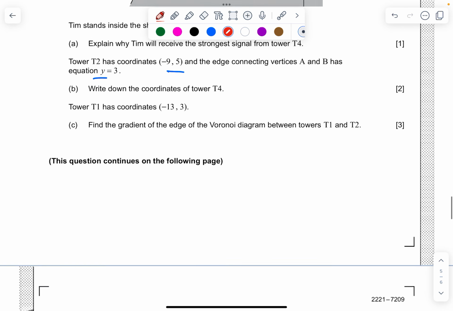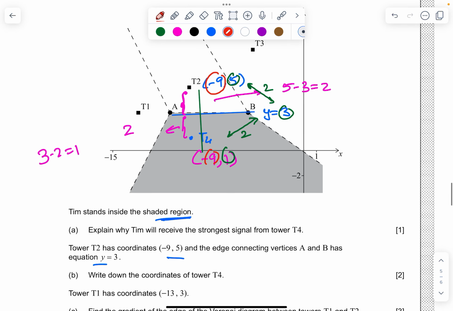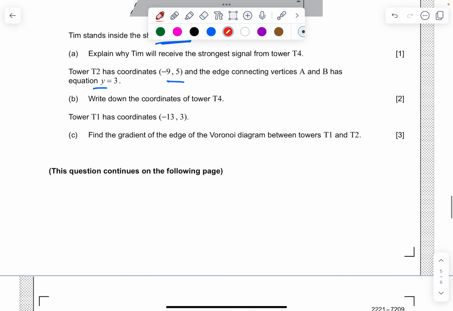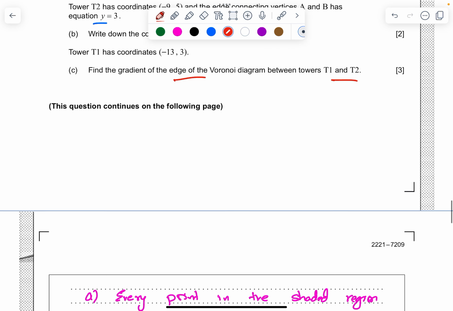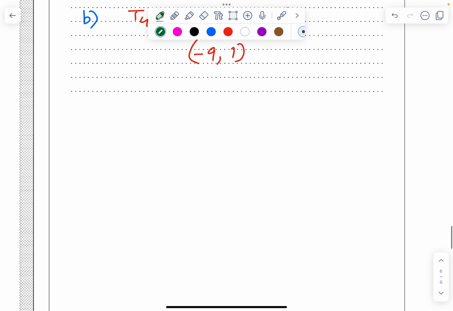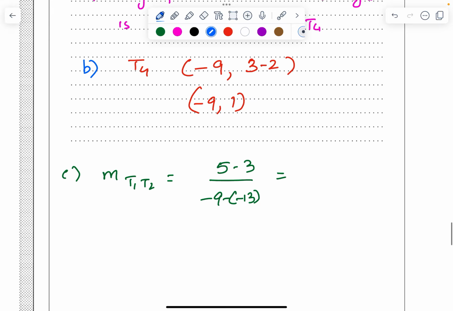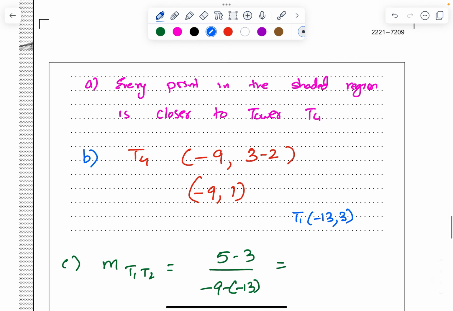The coordinates of T1 are negative 13, 3. Find the gradient of the edge of T1, T2. First of all, I am going to find the gradient of T1, T2.